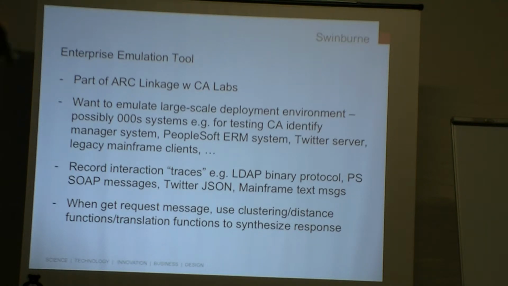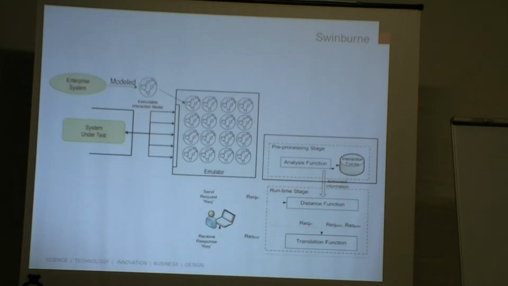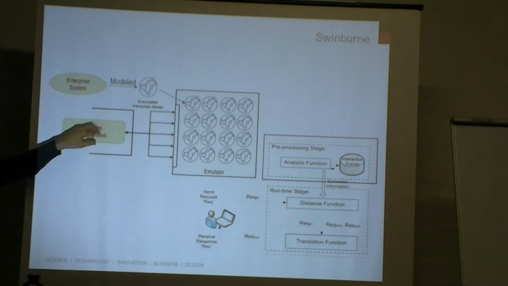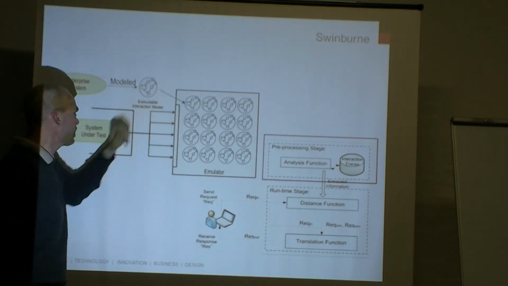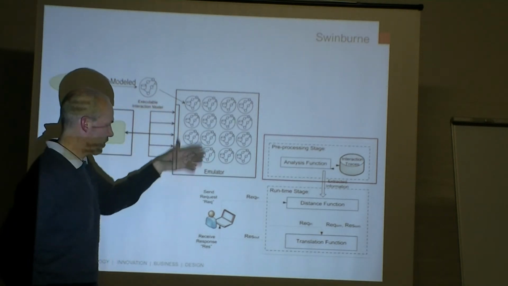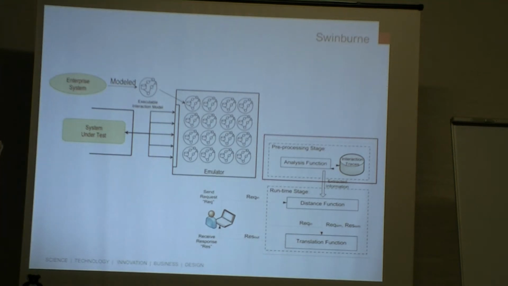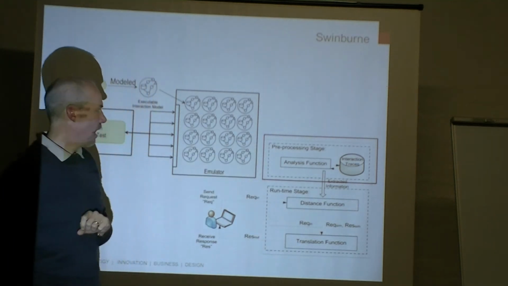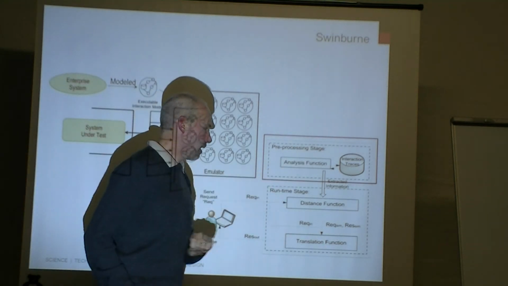At the moment it deals with a bunch of protocols, binary and text. And essentially when an endpoint gets a request from the system under test, it synthesizes a response. So you have the system under test, say the Identity Manager or PeopleSoft server, and here are the clients, and we build up a set of request responses, and from that we synthesize an analysis function.